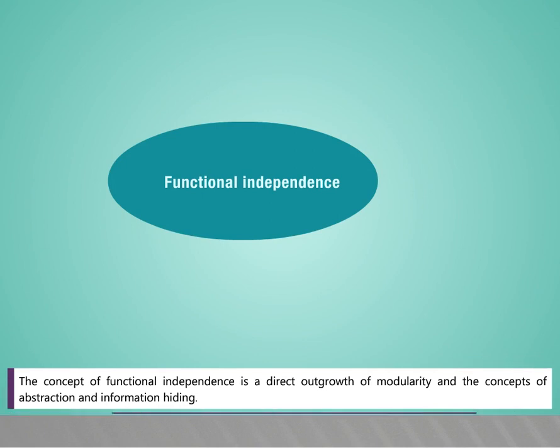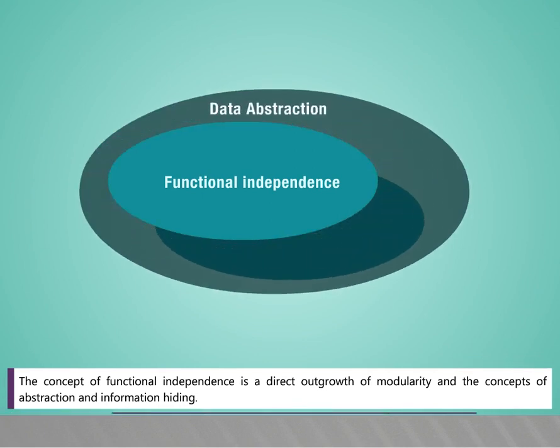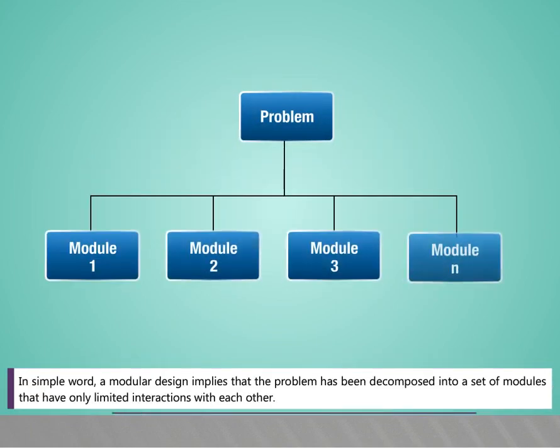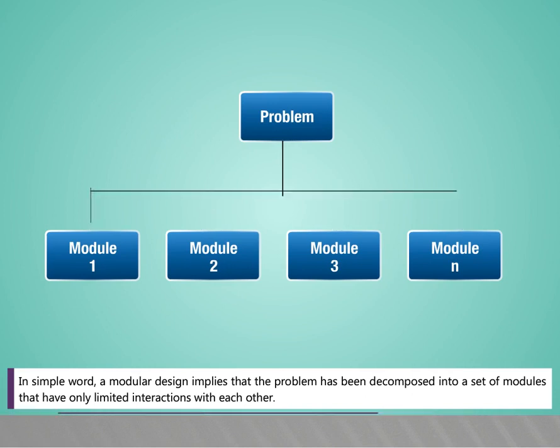The concept of functional independence is a direct outgrowth of modularity and the concepts of abstraction and information hiding. In simple words, a modular design implies that the problem has been decomposed into a set of modules that have only limited interactions with each other.